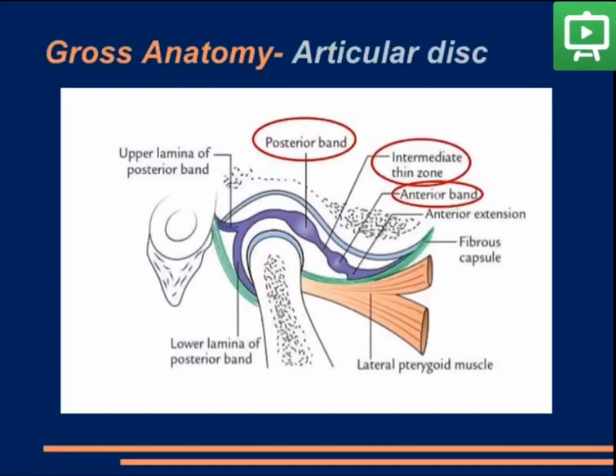Here we go: the posterior, intermediate thin zone, and the anterior bands of the articular disc and its attachment to the fibrous capsule, appearing in green color.